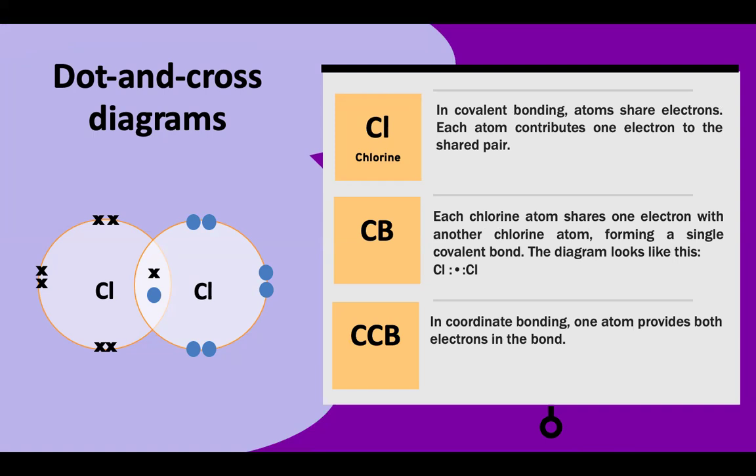In covalent bonding, atoms share electrons. Each atom contributes one electron to the shared pair, and each chlorine atom shares one electron with another chlorine atom, forming a single covalent bond, as the diagram shows on the left-hand side. Or the diagram looks like this. In coordinate bonding, one atom provides both electrons in the bond.